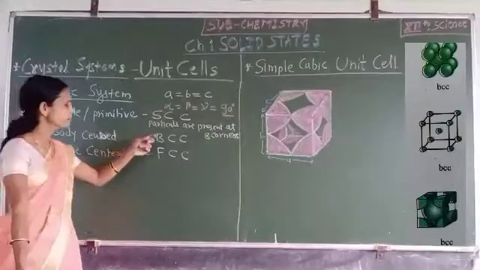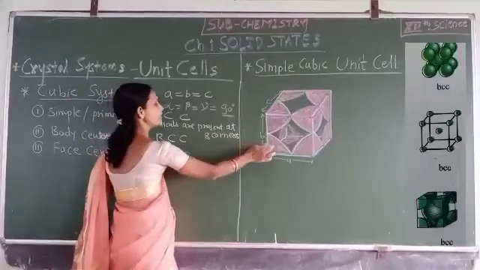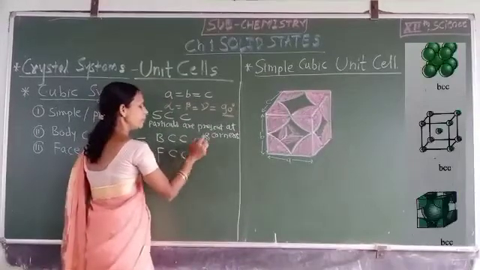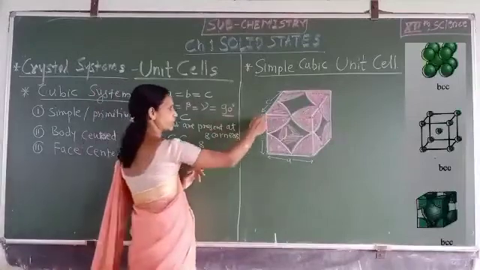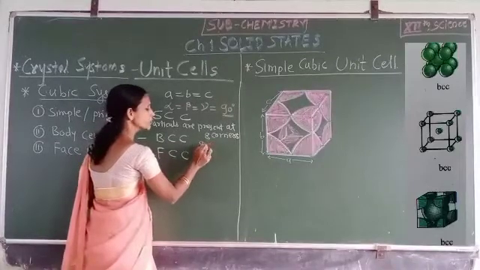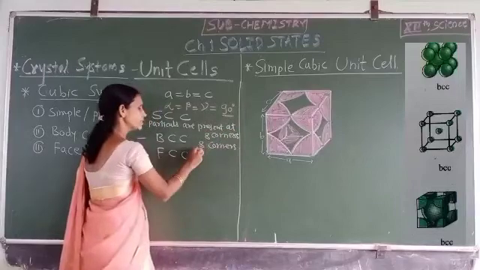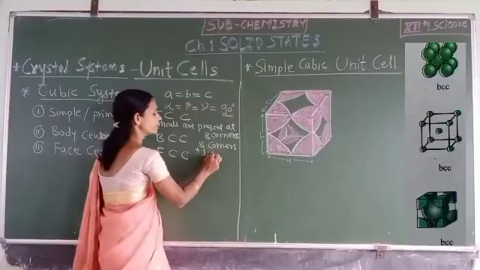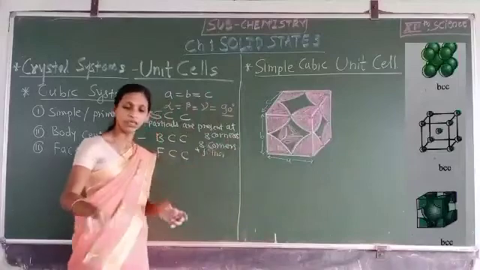Then the body centered unit cell. All of you have studied that particles are present at the 8 corners. In BCC, particles are present at all 8 corners, as well as one extra particle inside the body of that cube.